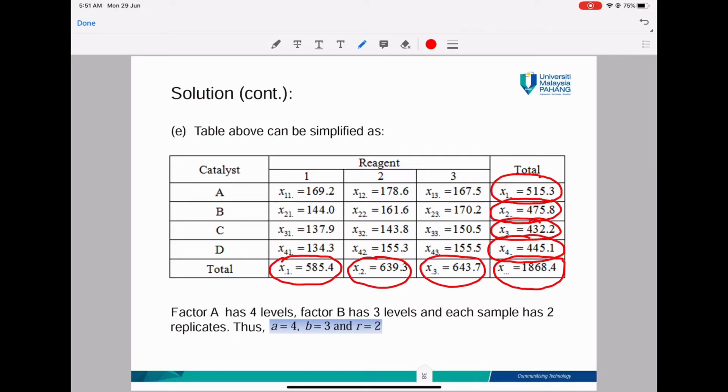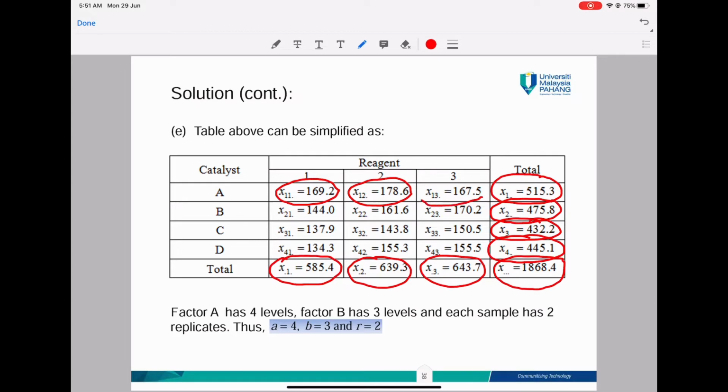And then we also need to find the summation for each treatment. So the first treatment has a total of 169.2. And then the second treatment, we have a total of 178.6.